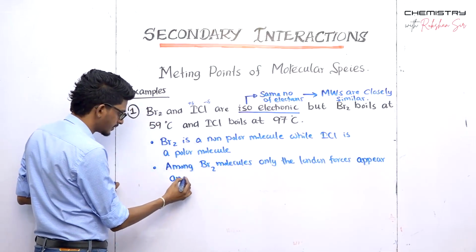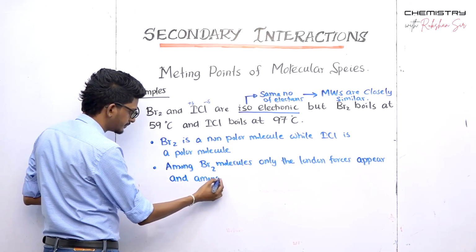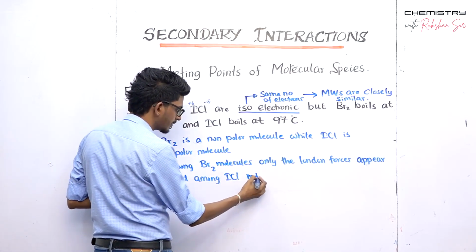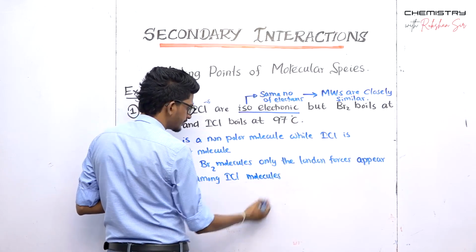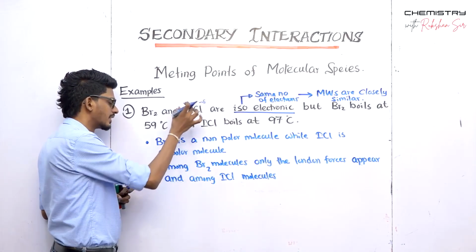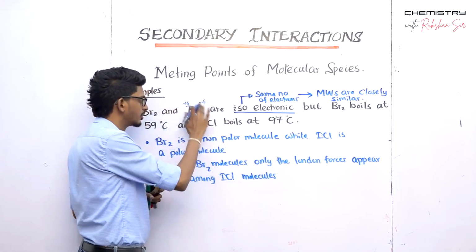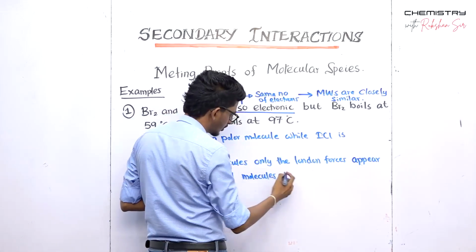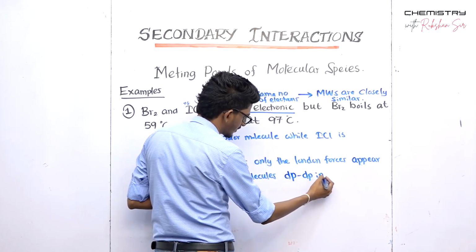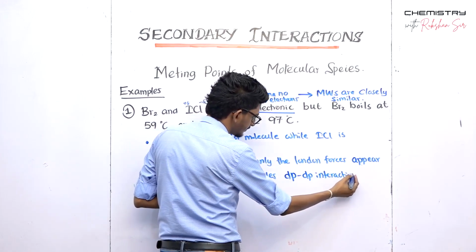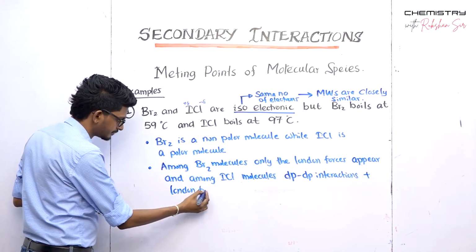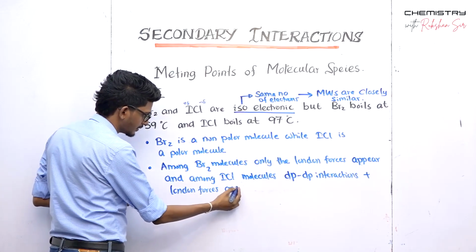And among ICl molecules, polar molecule dipole interactions as well as London forces appear. Among all kinds of molecules, London forces are there, right? Okay. So among ICl molecules, dipole interactions and London forces appear.